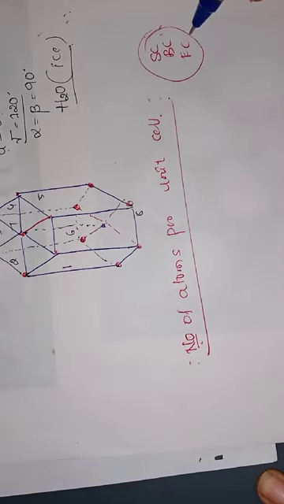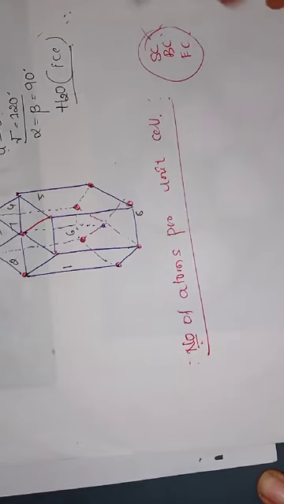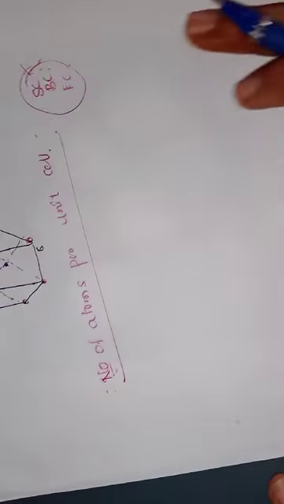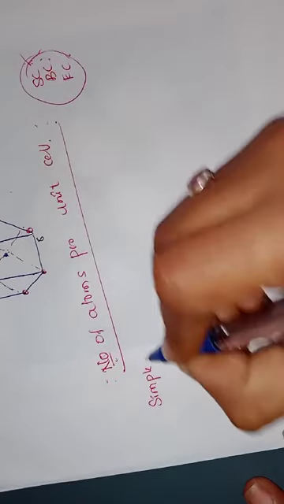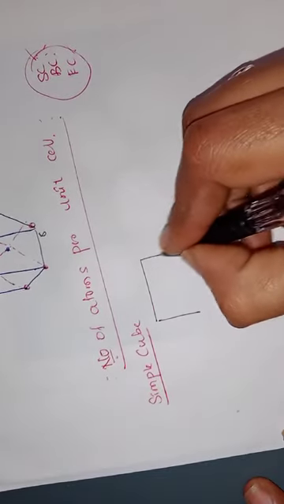These are the types which occur in various crystal systems: simple cubic, body centered, face centered or end centered. Here we are not going to concentrate on end centered, only on simple cube, body centered and face centered. Let's first move through the simple cube. Let's draw a cube.